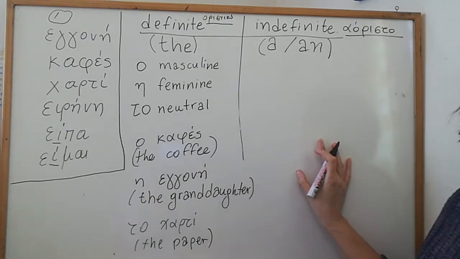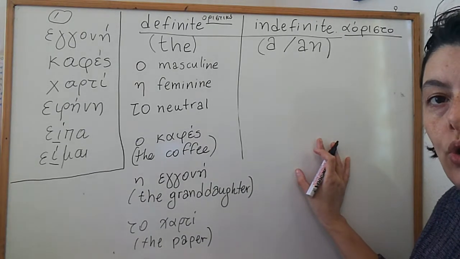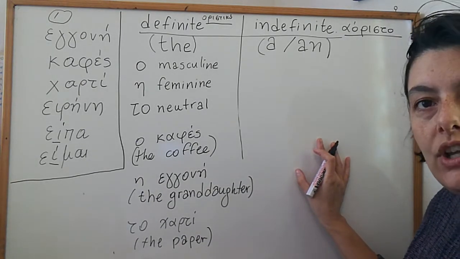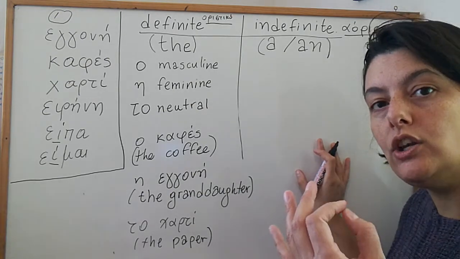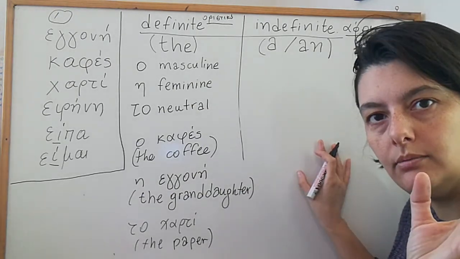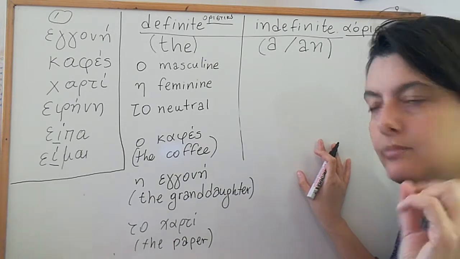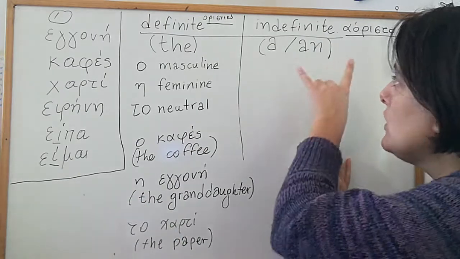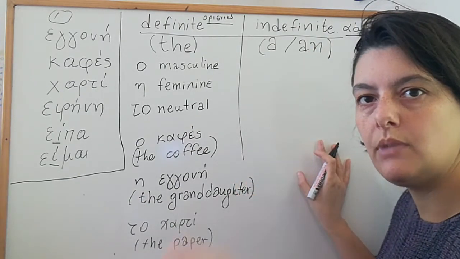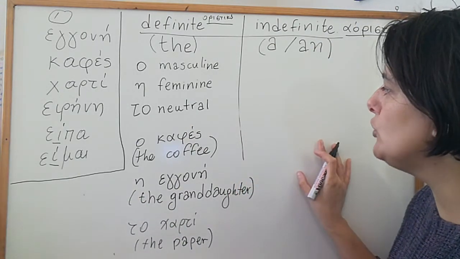Αόριστο. Let me show you here. Αόριστο. We say it αόριστο because it doesn't show. Αόριστο means general in English. Ενώ οριστικό means specific. Αόριστο, general. Any. Okay.